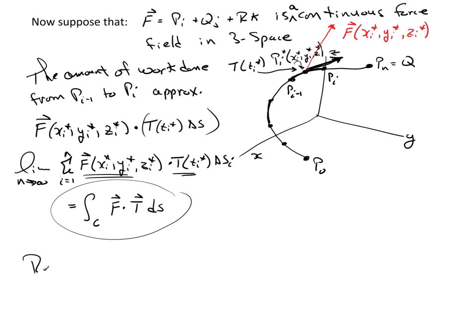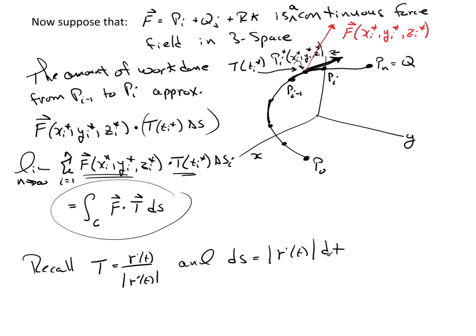Now, recall that the unit tangent vector t equals r prime of t over the magnitude of r prime of t. And we already looked at the idea that ds equals the magnitude of r prime of t dt. Remember, ds dt is the magnitude of r prime of t, so ds equals the magnitude of r prime of t dt.